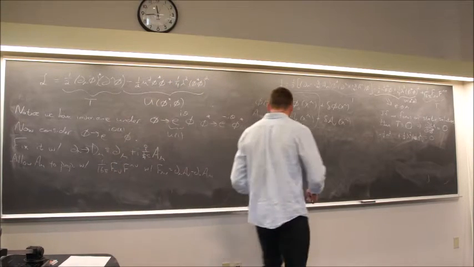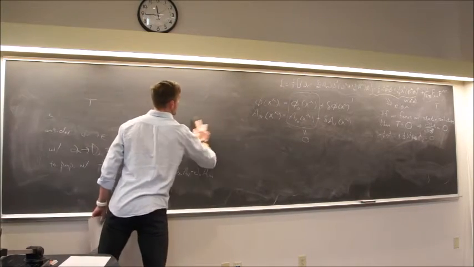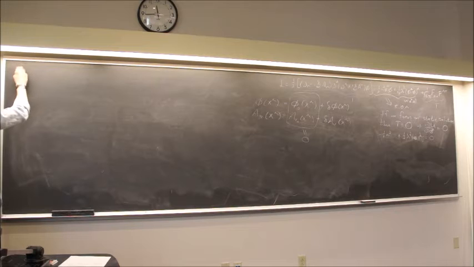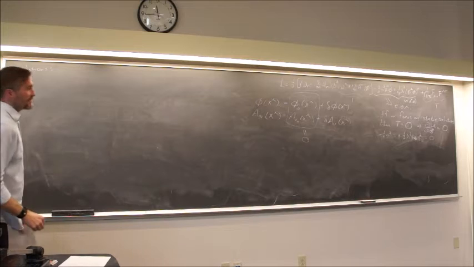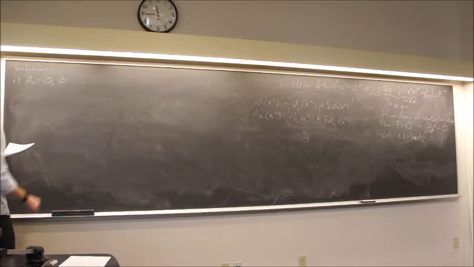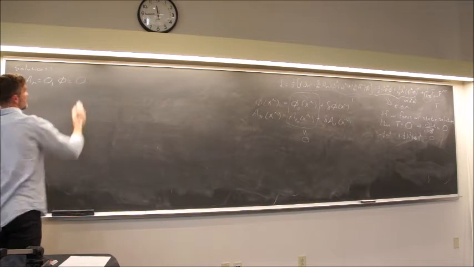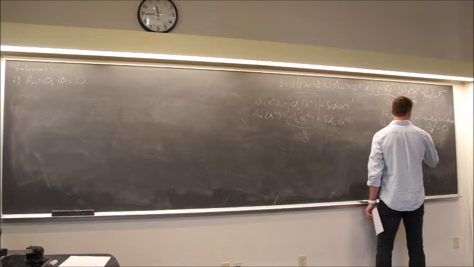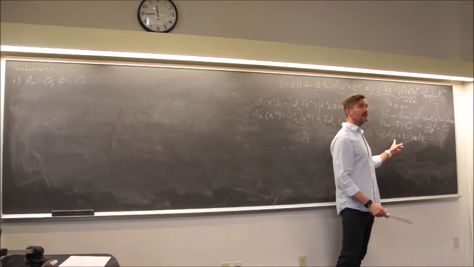So now let's look at some solutions. As a first solution, we can set the gauge field equal to 0 everywhere, and we can also set phi equal to 0 everywhere. Because remember, I erased a phi, so phi equals 0 solves this equation before I erase it.